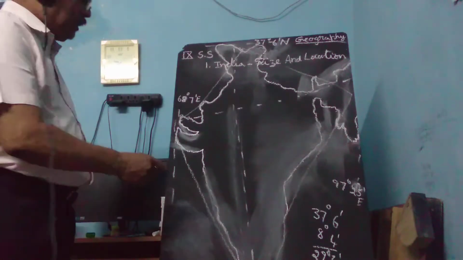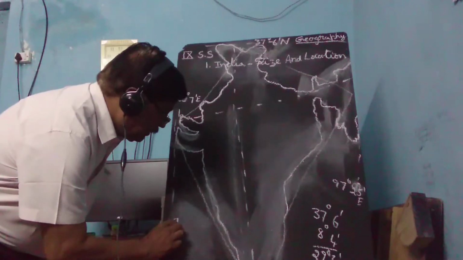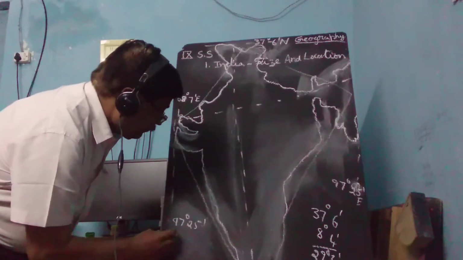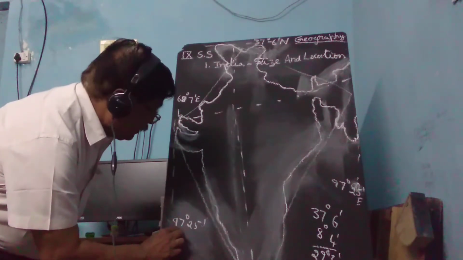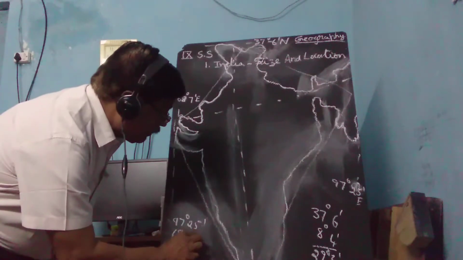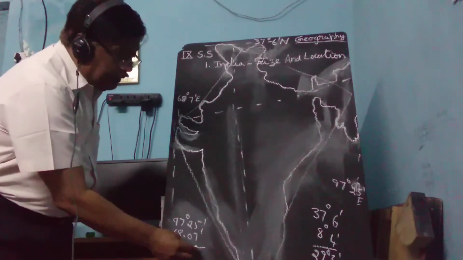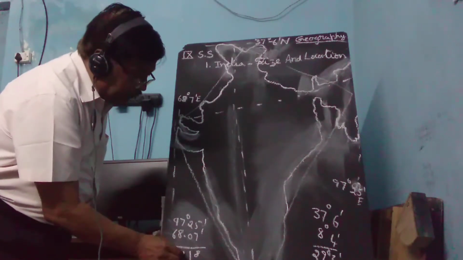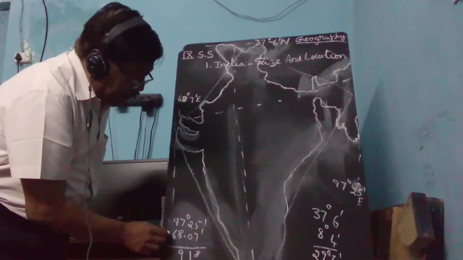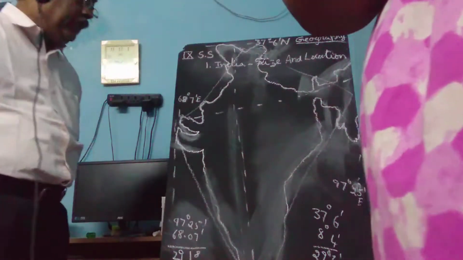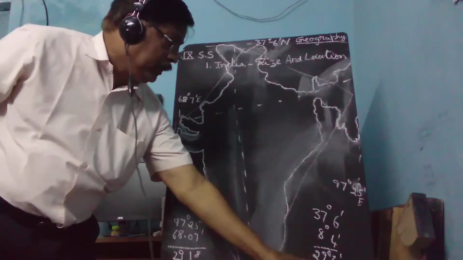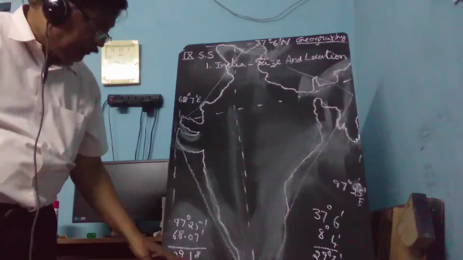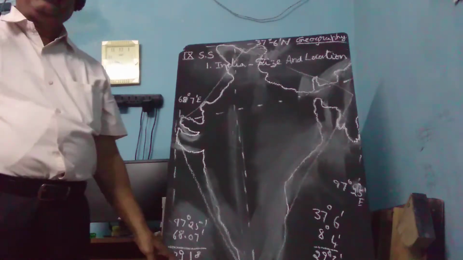Put 97 degrees 25 minutes, and under it 68 degrees 07 minutes, and subtract. You get 29 degrees 18 minutes.